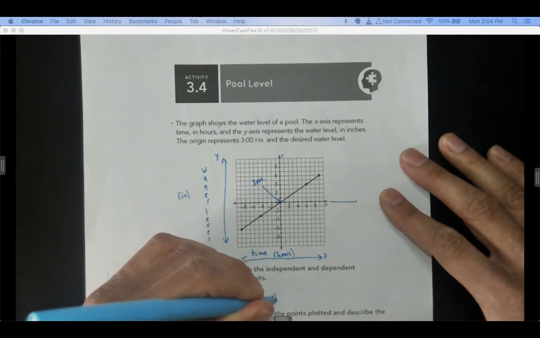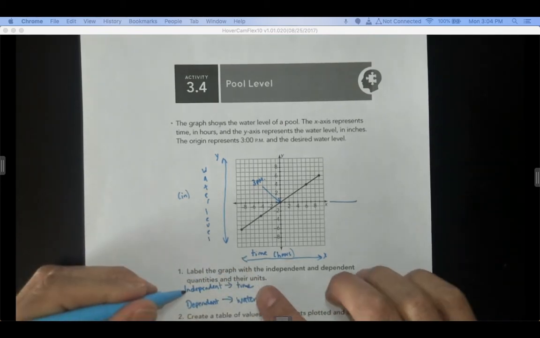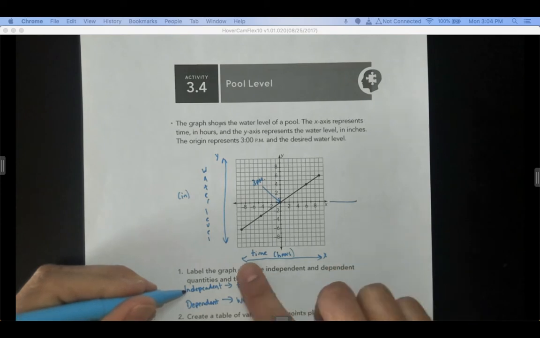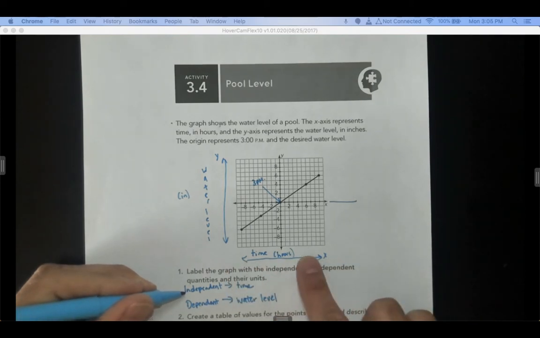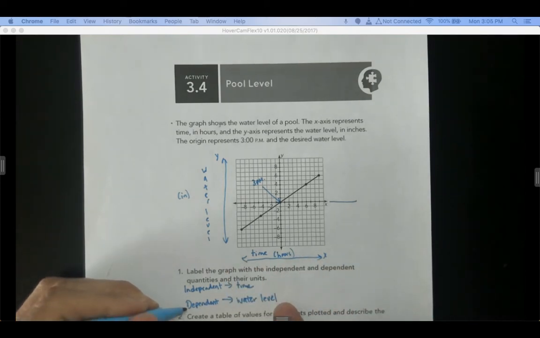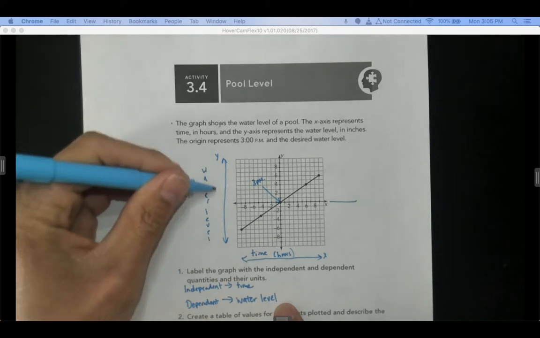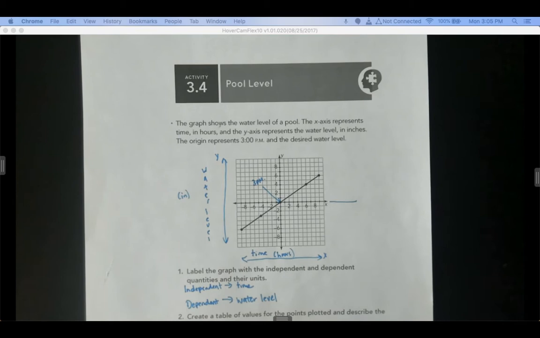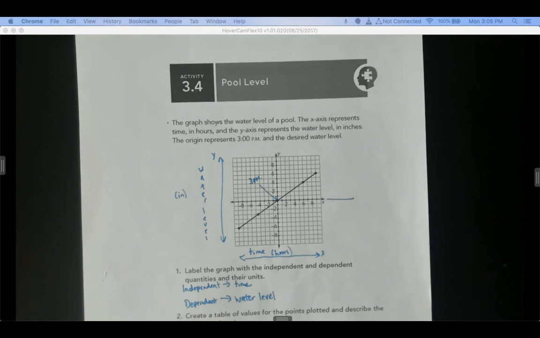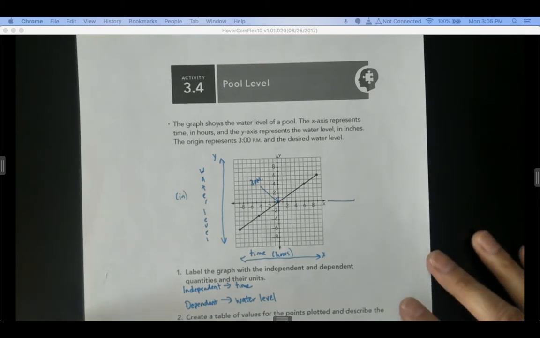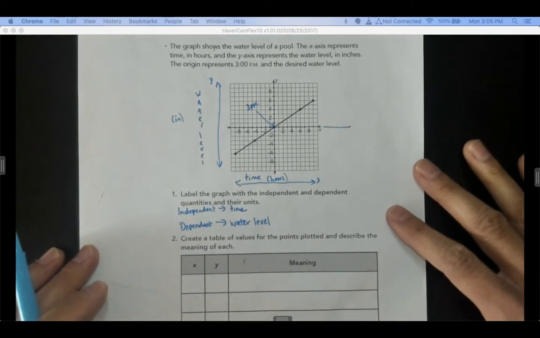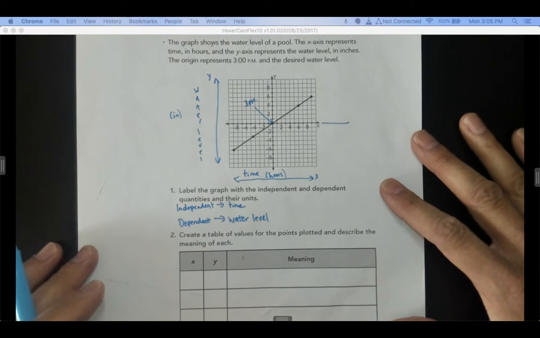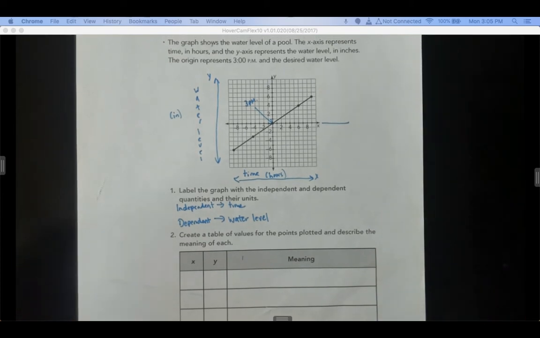I think I might have said that wrong. Let me try that again. The independent variable, which is time, is on the x-axis, and it normally is. The dependent variable is the water level, and that's almost always on the y-axis. This is just like in science. So the independent is kind of what's been chosen, and then the dependent depends on the independent variable. And the dependent variable is what we're measuring.